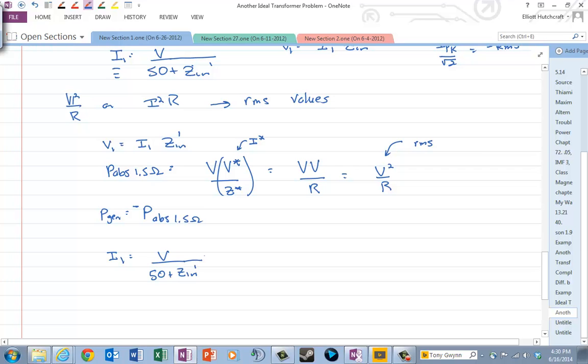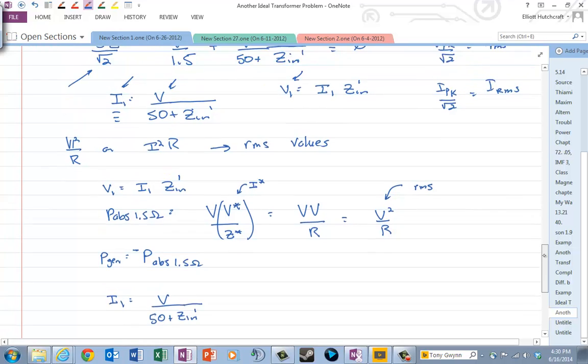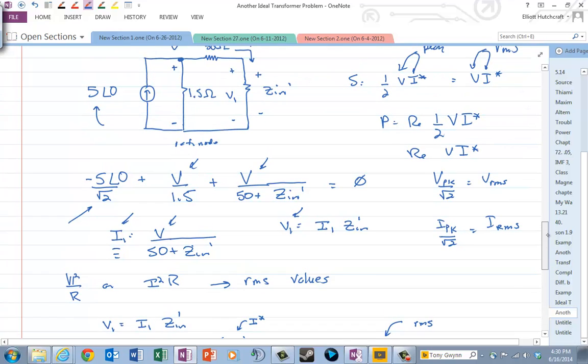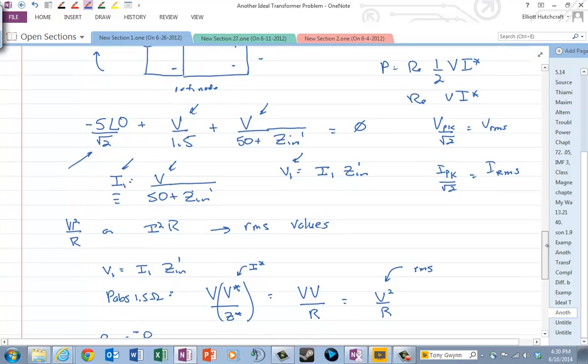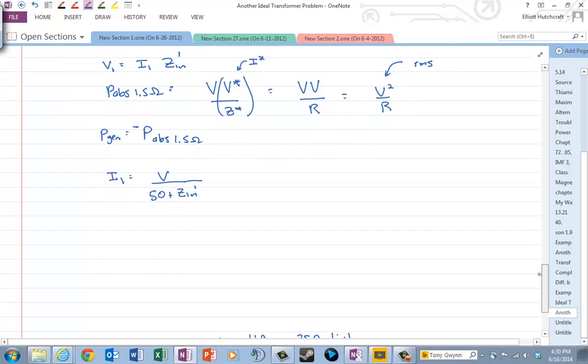And this is in RMS because I changed my 5 angle 0 current source into RMS by dividing by square root of 2. So all my currents and voltages are in RMS.